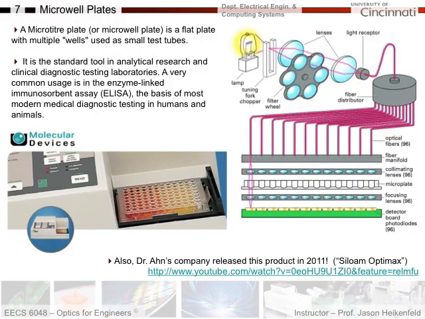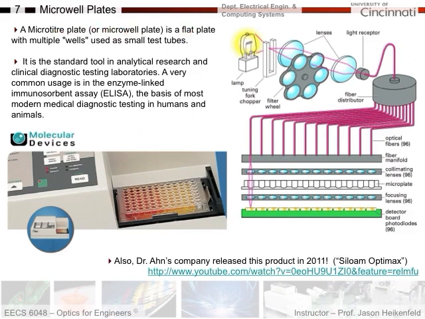Now, in terms of this fluorescence imaging, sometimes you don't want to look at something small, but you just want to look at the total bulk fluorescence signal coming from a solution with cells or proteins or something in it. One way you do this is a microtiter or micro well plate, typically a 96 well plate.